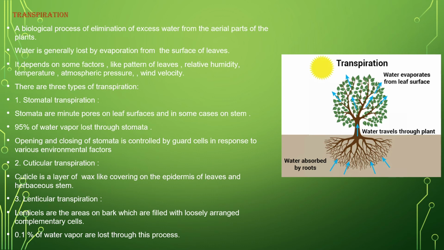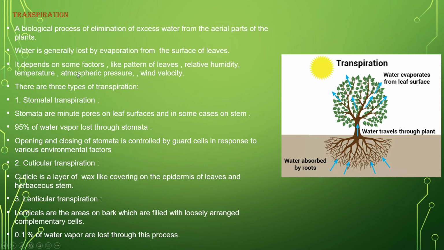Most of the water is evaporated into air through the aerial parts like leaves, stem, and it occurs under some factors. So the loss of excess water from the aerial parts, that is transpiration. And water is generally lost by evaporation from the surface of leaves.